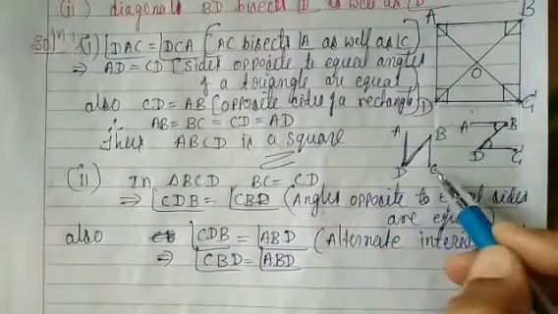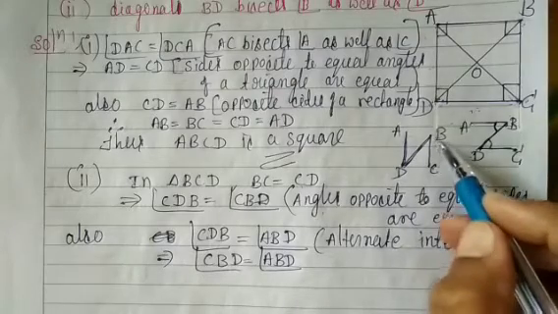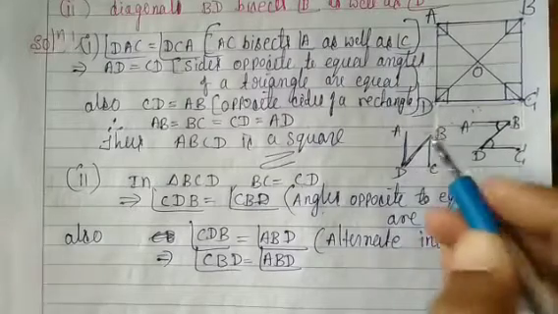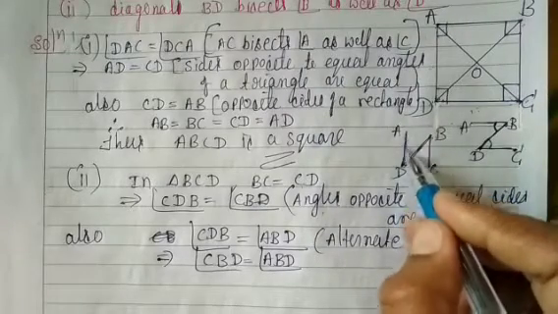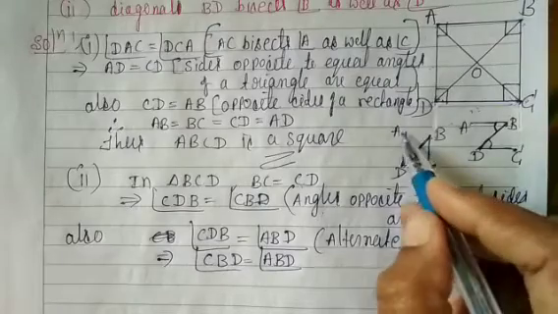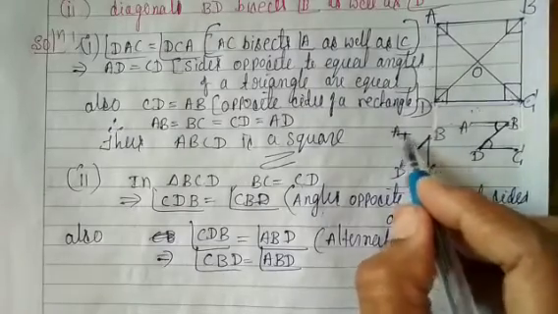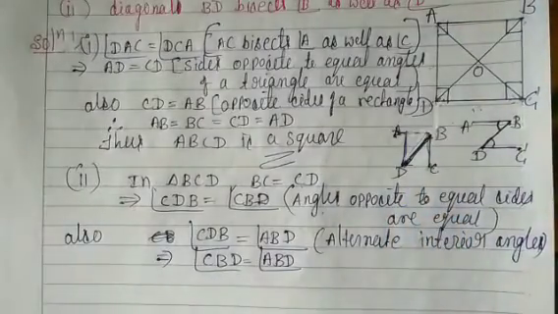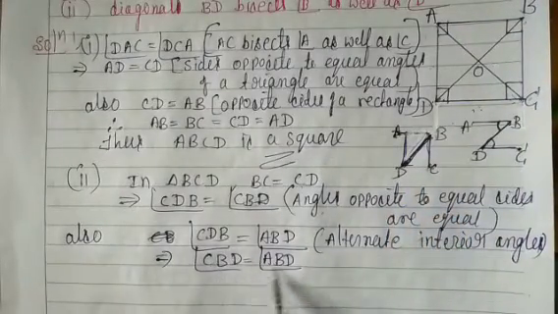ABCD. You can explain. Angle CBD is equal to angle ABD. This is not an alternate angle.